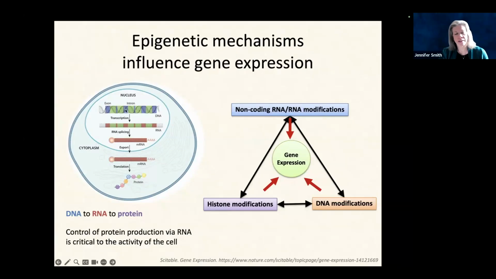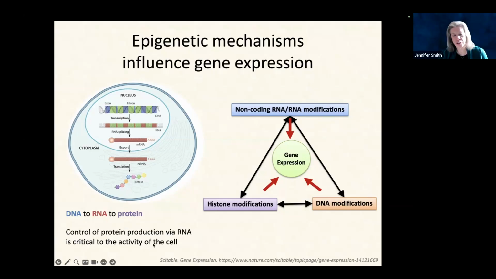The introns get cut out, and from that you make what's called messenger RNA, right? The DNA is transcribed into messenger RNA, and the messenger RNA is translated into protein. That's the central dogma: DNA, RNA to protein.